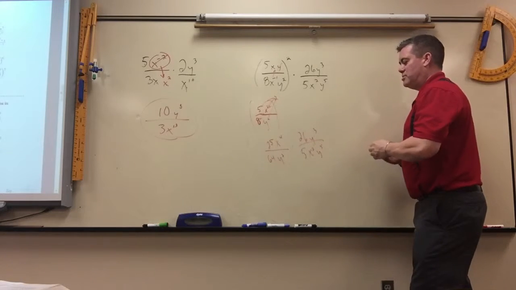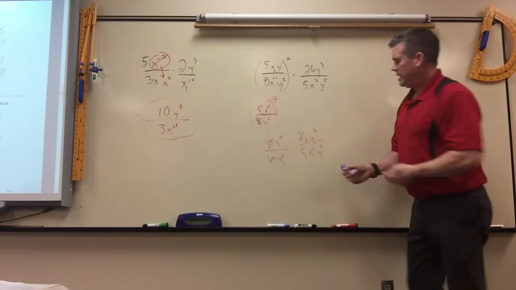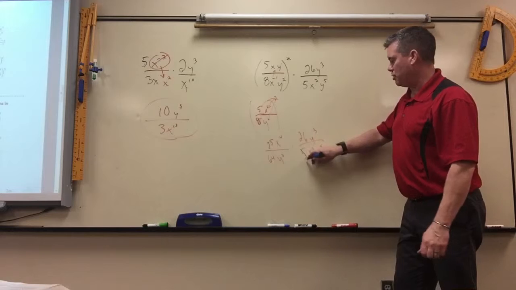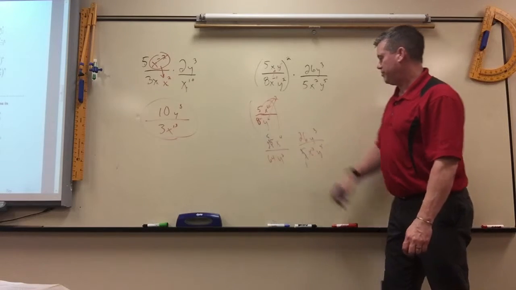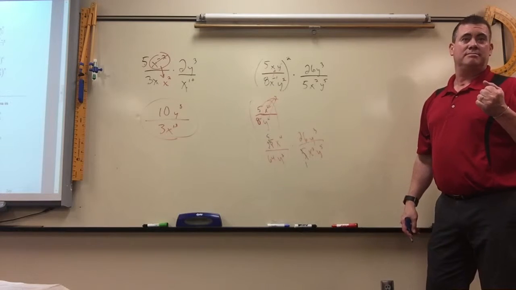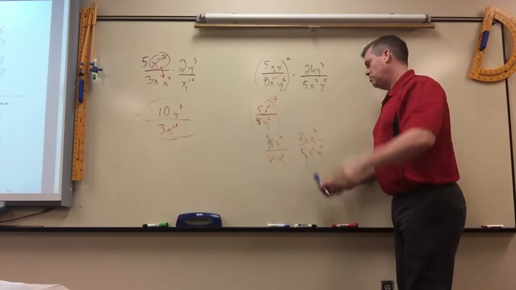And you start canceling stuff again. The 5 and the 25 will cross cancel. Can divide them both by 5. 64 and 26, you can divide them both by 2.